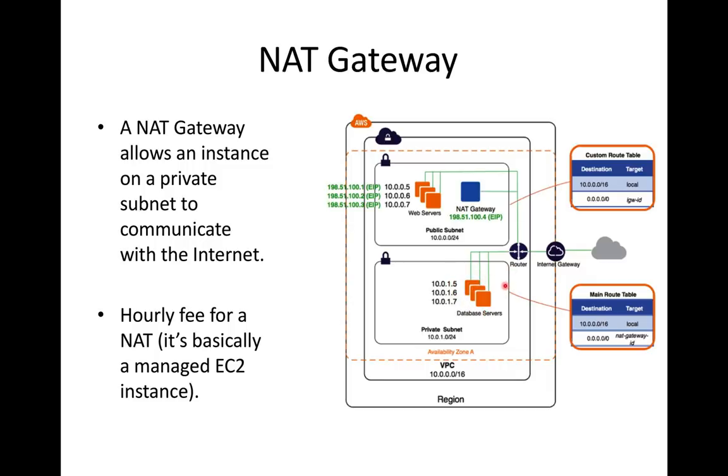So essentially, these private servers can send requests out to devices on the internet. The private servers can initiate communications, but internet devices cannot initiate communications to these private servers.